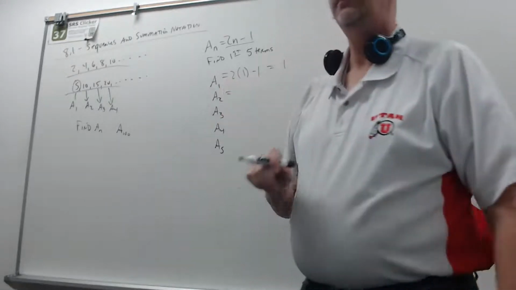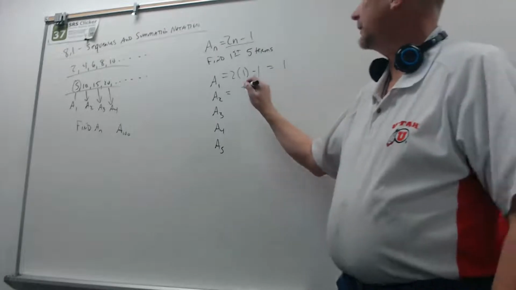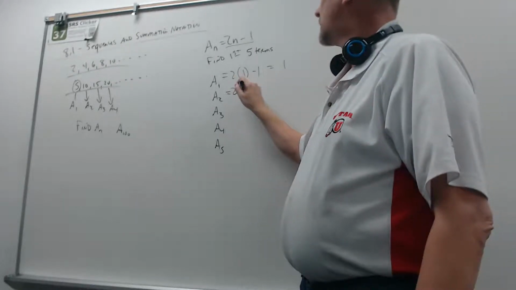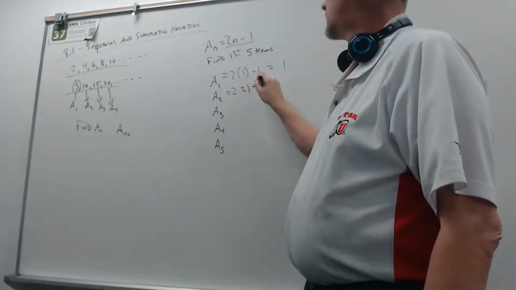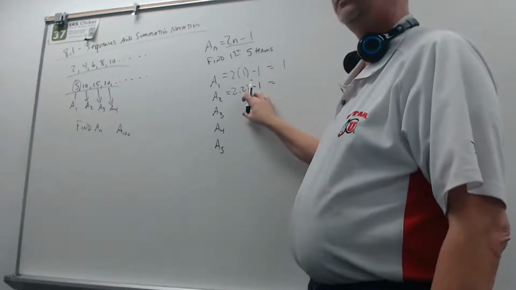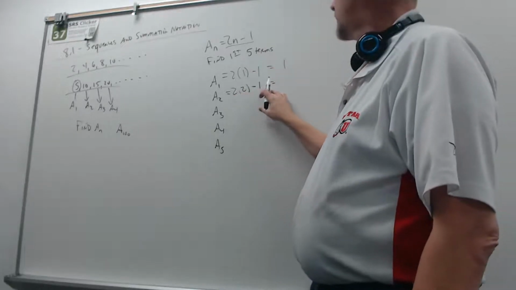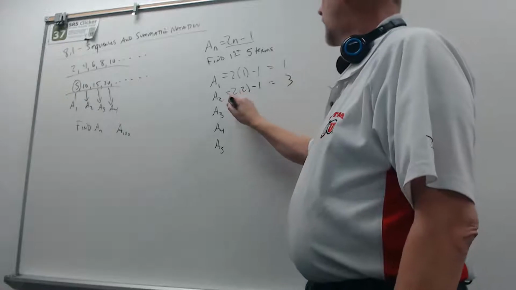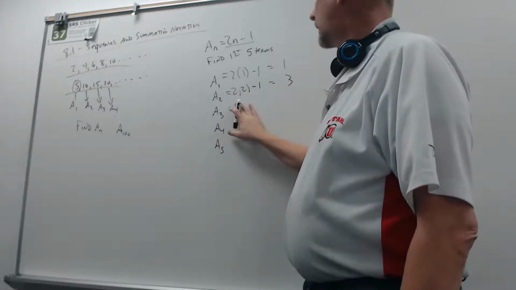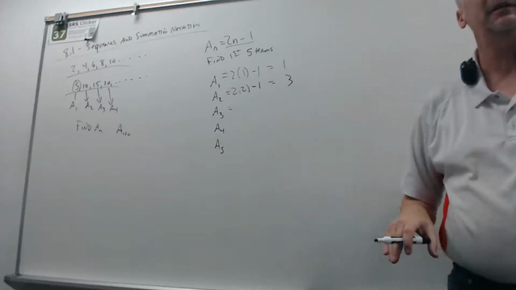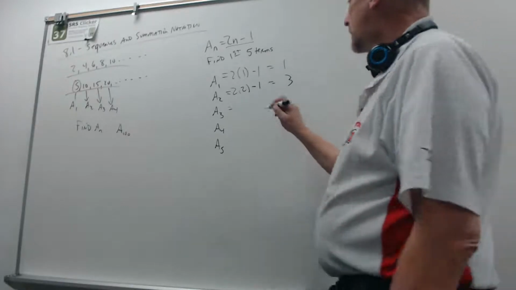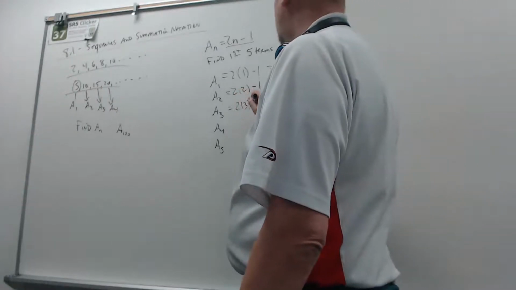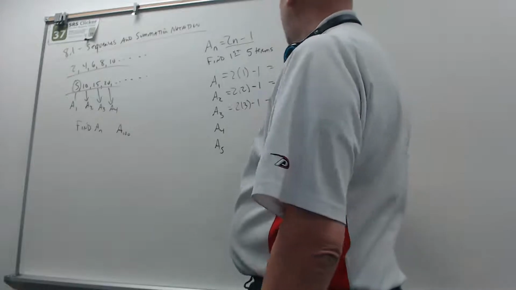Okay? Berkeley, a sub 2, what would I do? 2 times 2 minus 1. So 2 times 2 is? 4. 4 minus 1 would be 3. A sub 3 would be what, Sam? 2 times 3 minus 1 equals 5.